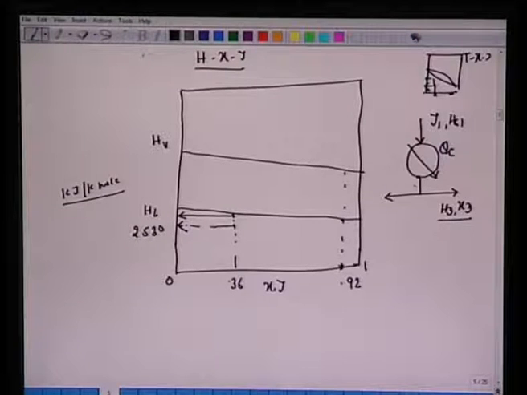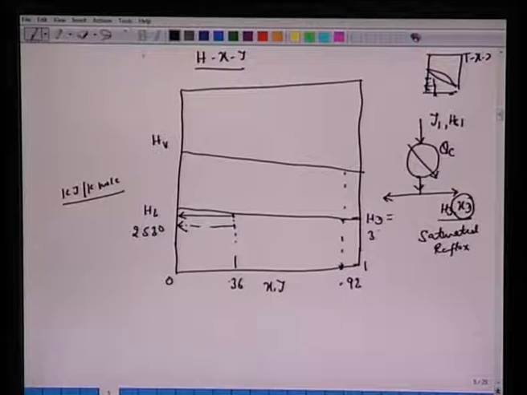One can also in principle further cool this liquid which goes as a product, part of it goes as a reflux to the distillation column, but in this case it says it's a saturated reflux, which means if we know XD, which we have calculated as 0.92, this should give us HD, which we can mark as 3640.